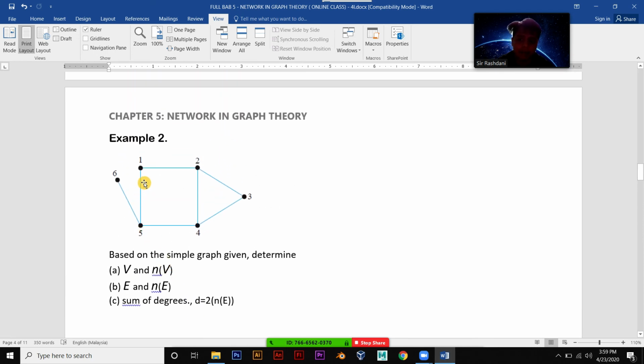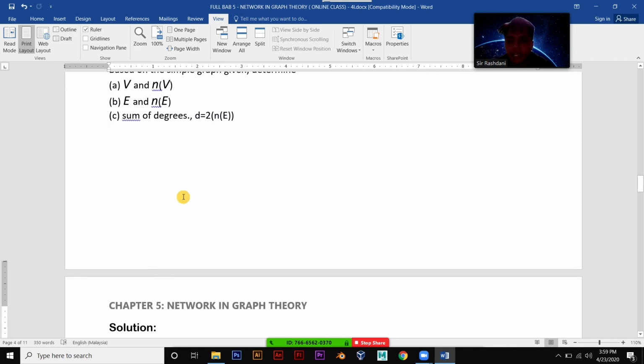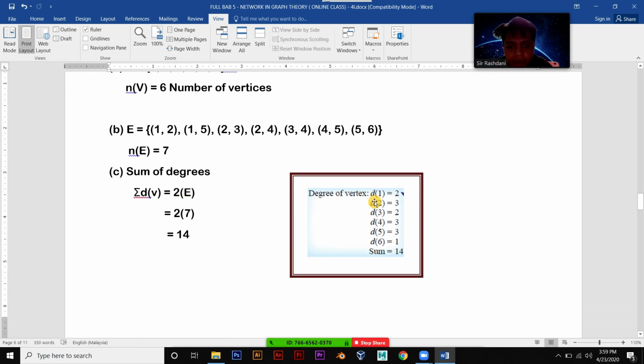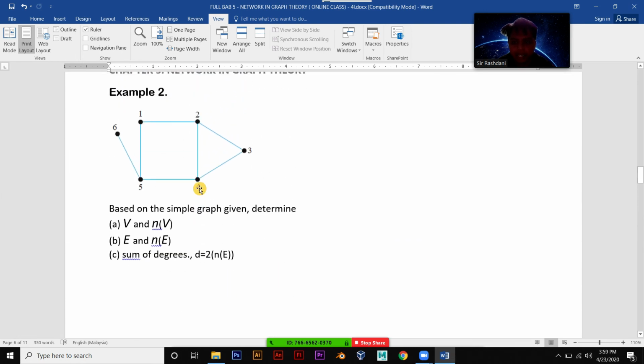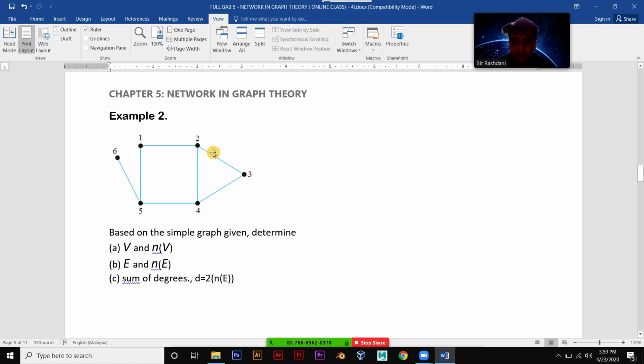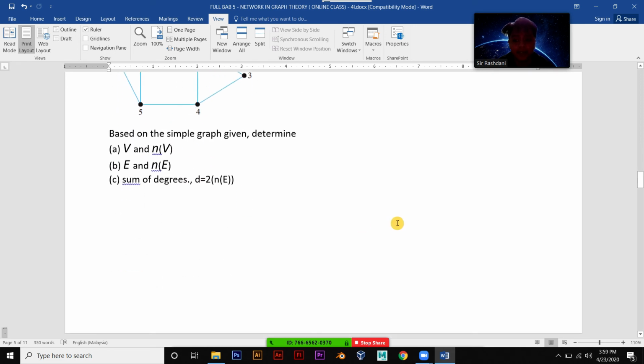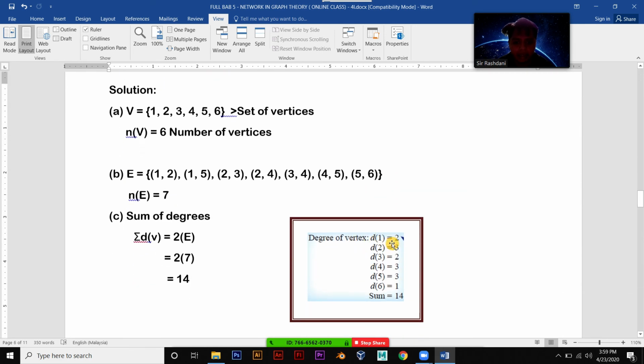How do we calculate this manually? Take the degree of vertex, D1. Where is D1? D1 is here, right? At vertex 1 there are 2 lines, so vertex 1 has degree 2.